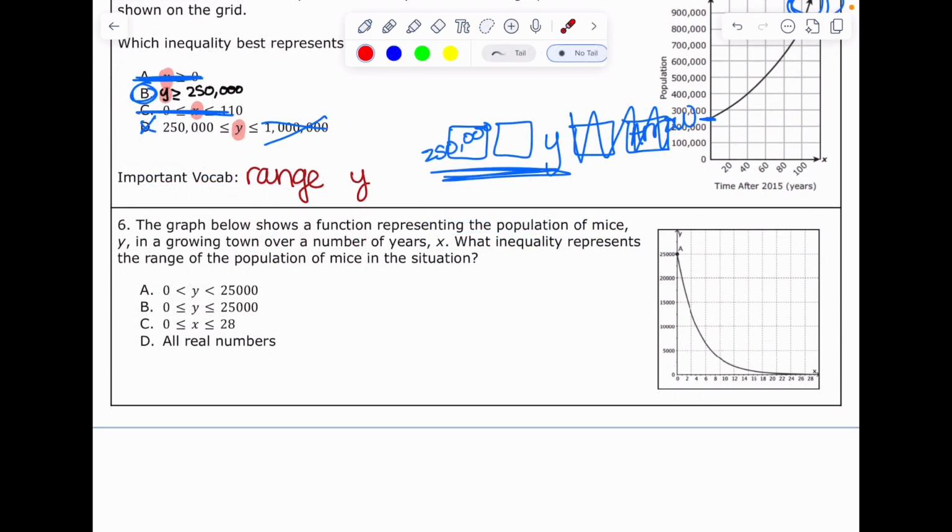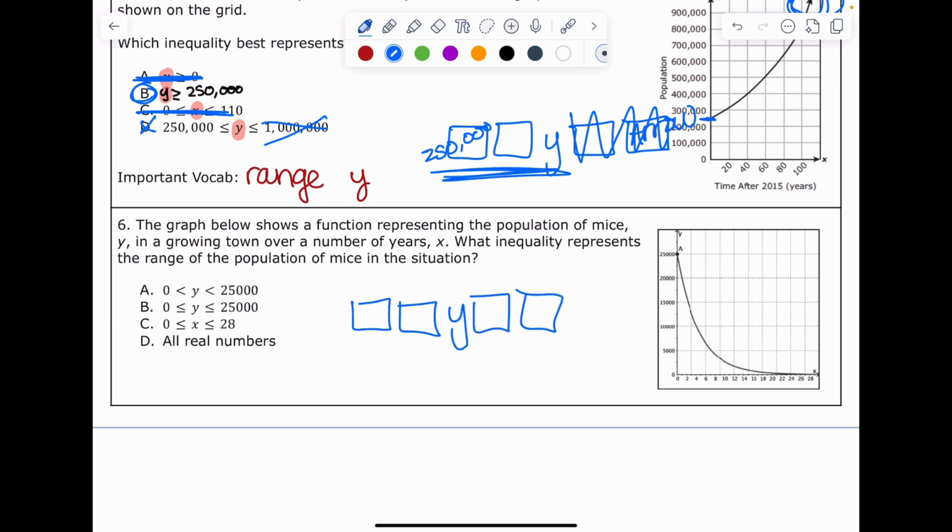Now we're going to do the last example. The graph below shows a function representing the population of mice, y, in a growing town over a number of years, x. What inequality represents the range of the population of mice in this situation? So my range is always going to be y, or box, box, y, box, box. Looking at the answer choices, I'm going to delete C. I have low to high. It's easier for me to find the high number, which is 25,000, so I'm going to put that in my high box.